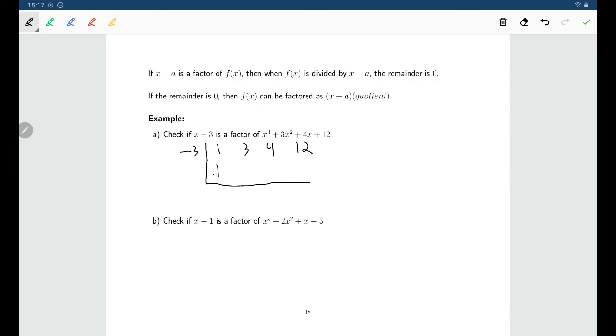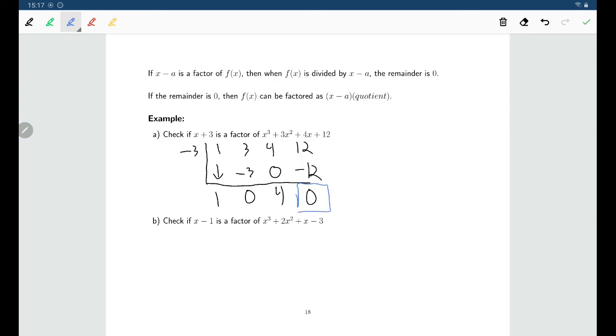We begin by bringing down, we multiply, we add. We multiply, we add, we multiply, we add, and here the remainder is 0.